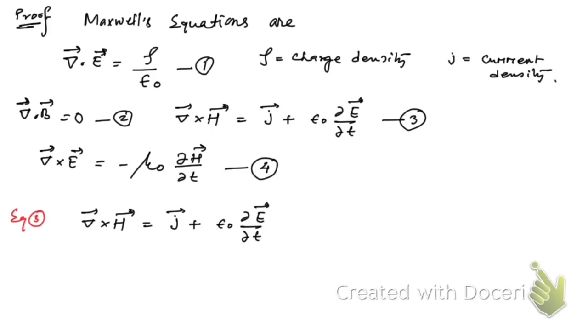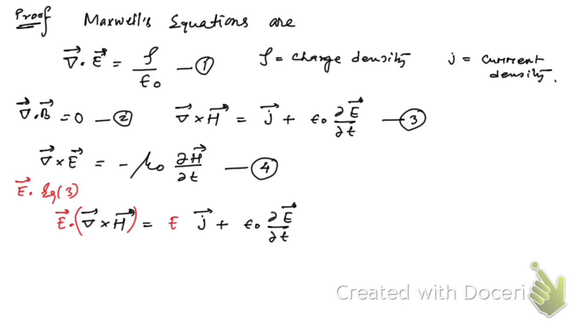If you take the dot product of E with this equation on both sides, that means E dot equation number 3, then we are going to have E dot this and E dot this. If you open the bracket, then you can write it this way.